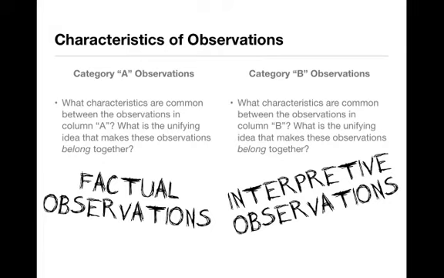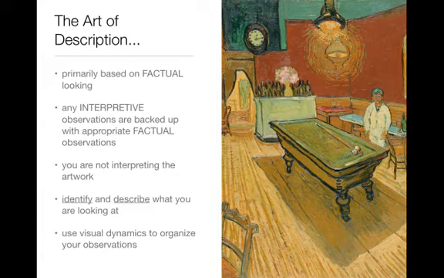Maybe they have passed out because they're drunk, not necessarily because they are depressed, right? With interpretive observations, we don't necessarily know for sure what is happening, but we have a good understanding that it's fairly plausible. In order to make sure that your interpretive observations are relatively accurate and widely accepted, you need to make sure that you're backing them up, and you do that by using your factual observations.